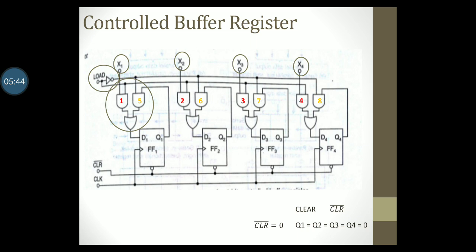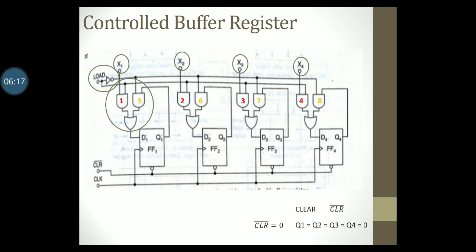Now let us see how this circuit works. When load is equal to 1, the AND gates 1, 2, 3 and 4 will receive an input as 1. So AND gates 1, 2, 3, 4 are active and the AND gates 5, 6, 7 and 8 will be inactive, as these gates will receive 0 as one input.